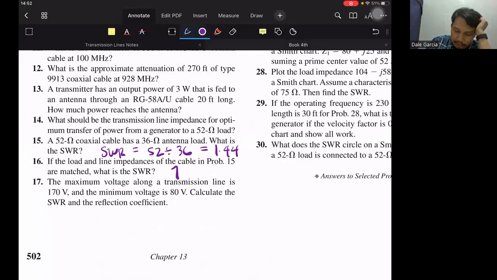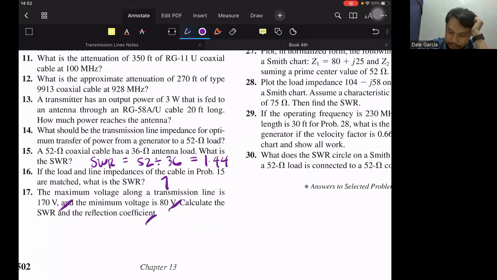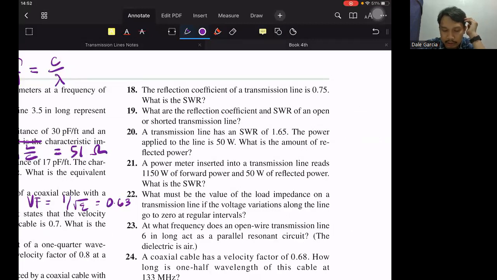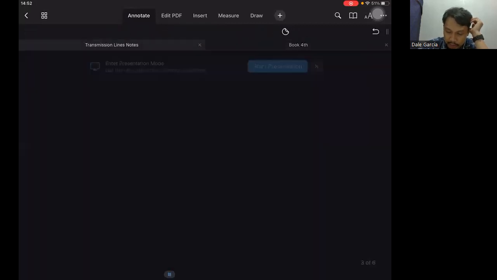Maximum voltage is 170 and minimum is 80. Calculate the SWR and reflection coefficient. Kaya na. Okay, formula na. What are the reflection coefficient and SWR open and shorted? Itong worst case scenario.